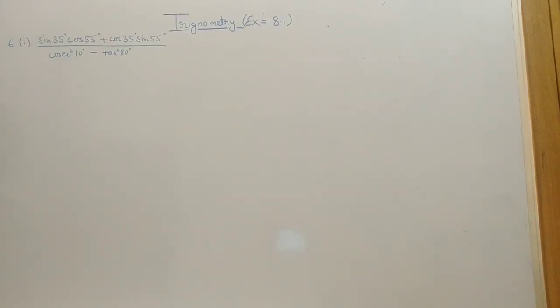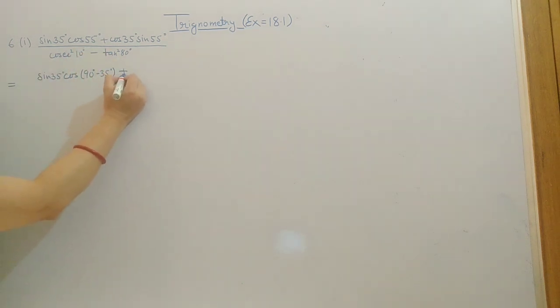Now sixth, first part: sin 35 degree cos 55 plus cos 35 sin 55 divided by cos square 10 minus tan square 80. So from these, first any one we have to change. Sin 35 as it is, cos 55 we can write as cos (90 minus 35).